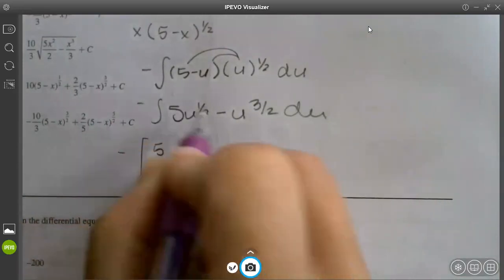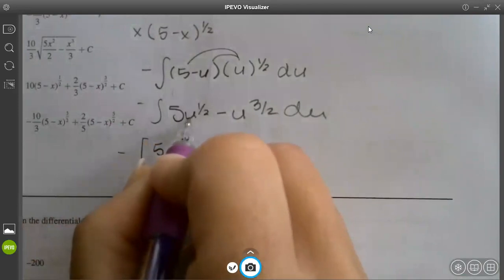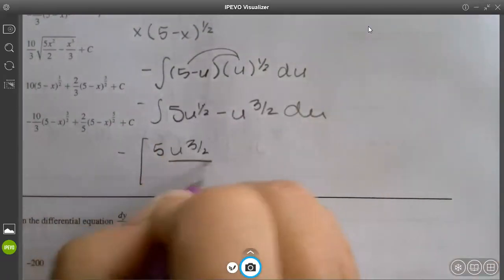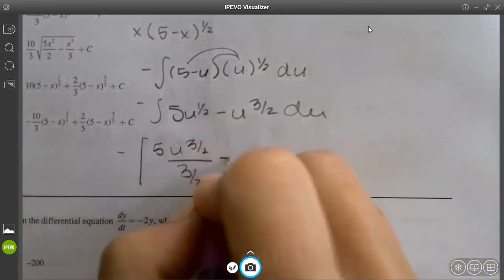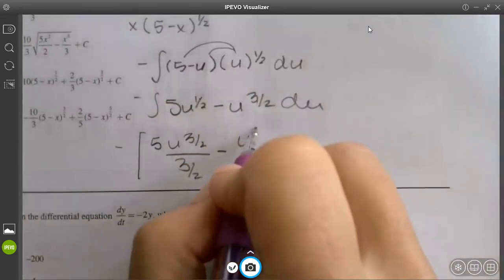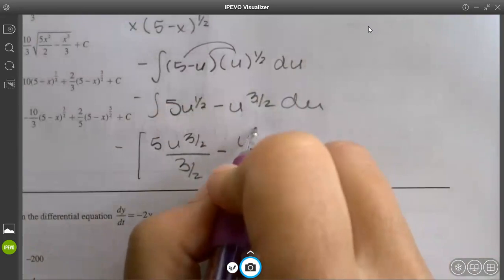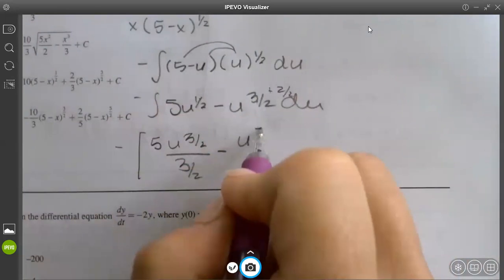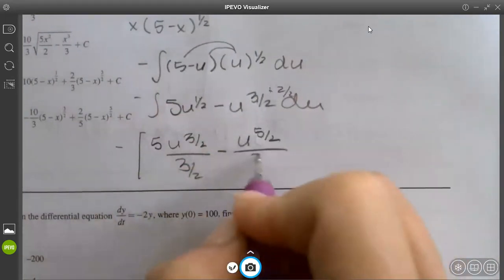I'm going to get 5 times, how do I integrate u to the 1/2? 3/2 over 3/2, minus u to the 5/2, +1, 3/2 + 2 over 2 is 5 over 2.